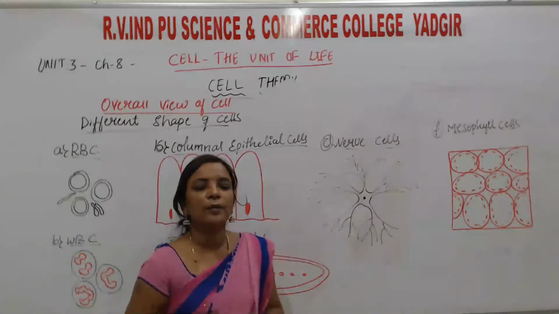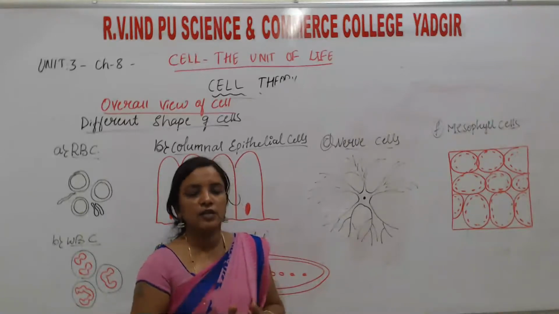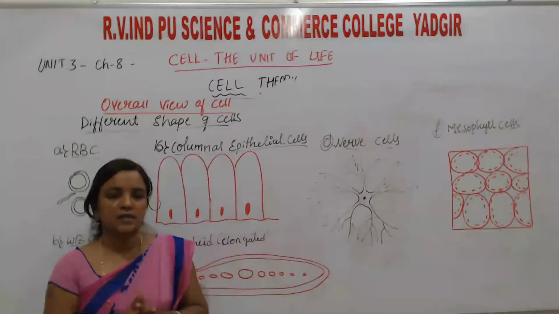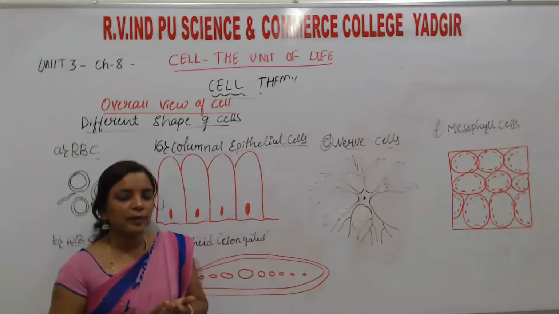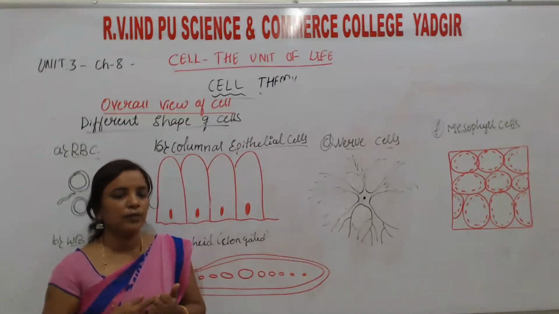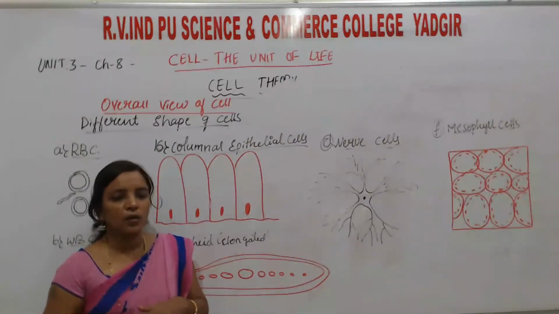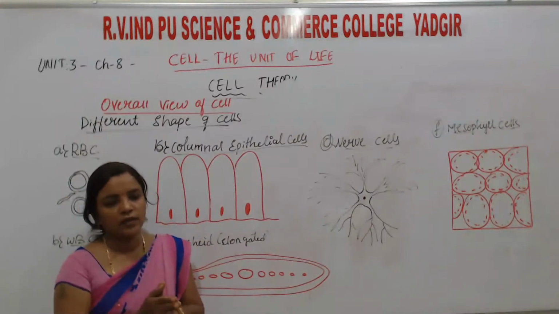There is no complicated structure and no complicated functioning taking place. Very lower organisms are present, like bacteria, blue-green algae, mycoplasma, and one more, that is PPLO, pleuropneumonia-like organism. So these groups come under prokaryotic cells.